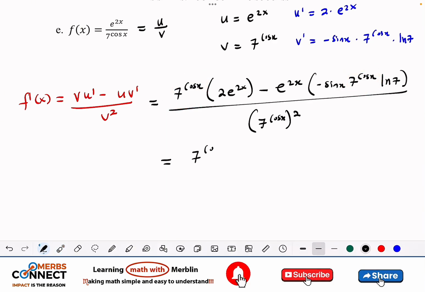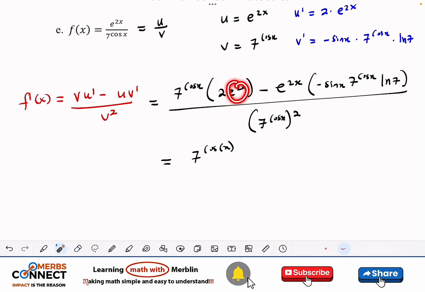So 7 cos x out, or I can even factor the e to the 2x out. So here we'll be left with 2 plus, because this is minus, this is minus.